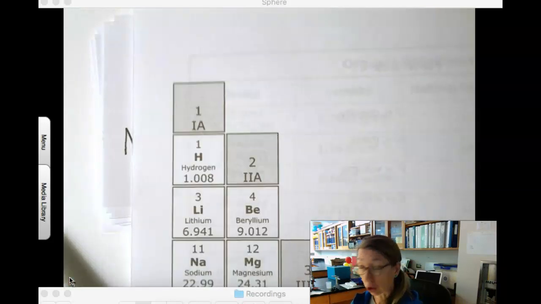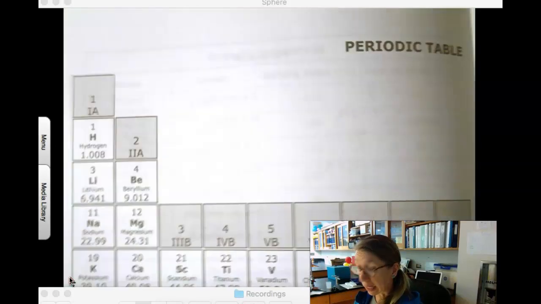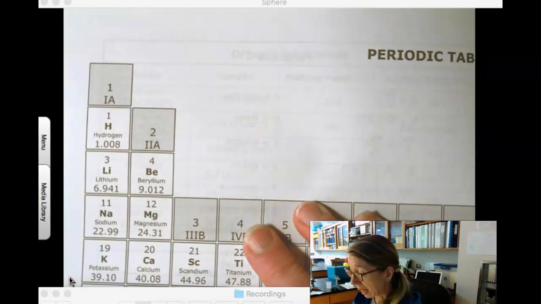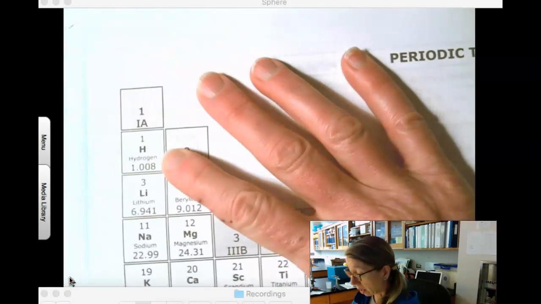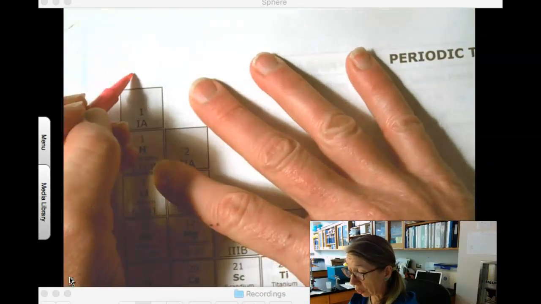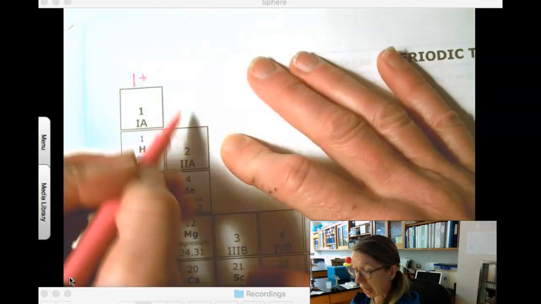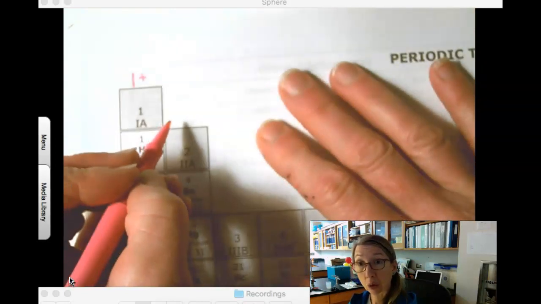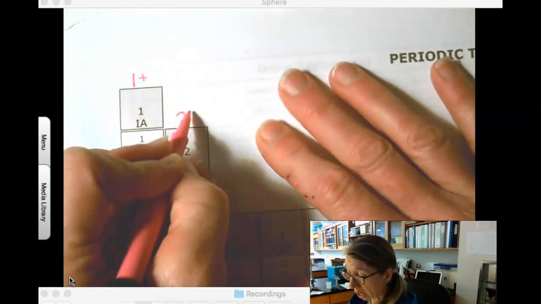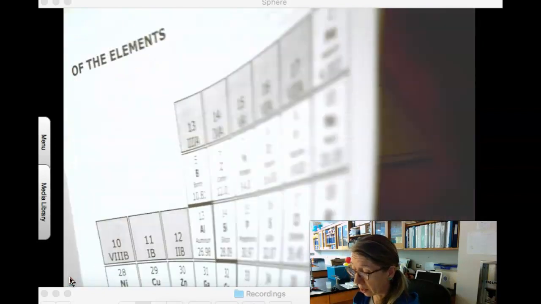Now, what you should do in order to make your life easier is get out your periodic table, and at the top, you want to write the oxidation number. The alkali metals tend to lose electrons, so they will have a +1. The alkaline earth metals tend to lose 2 electrons. They will have a +2 charge. We're going to scurry on over past our transition metals.